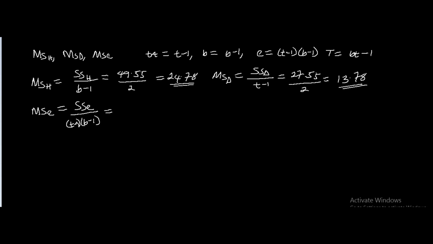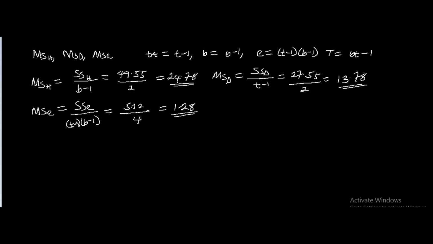And our SS error was found to be 5.12. Now 5.12 is going to be divided by all of this. T minus 1 is 2, B minus 1 is 2, and 2 times 2 is going to give 4. So if we do that, we are going to have 1.28. 1.28 is our MS error. So these are our mean square values.